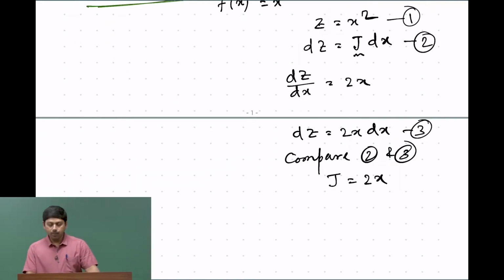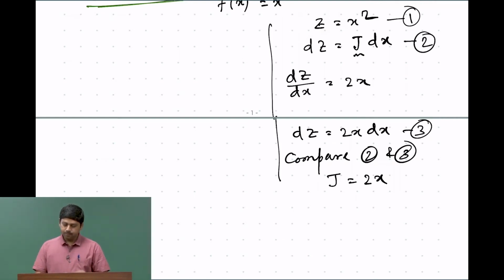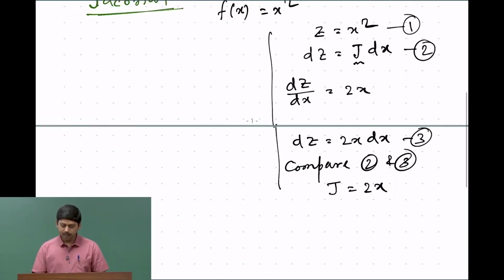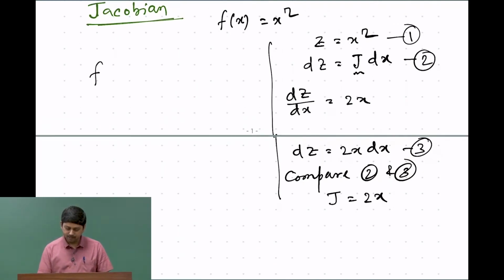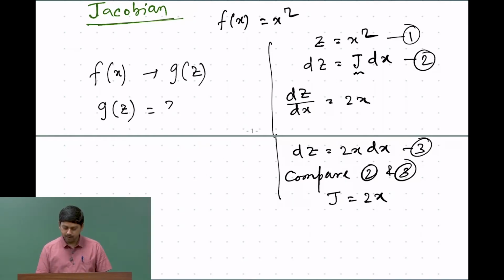So, the Jacobian, as I said, converts one variable to another variable, and therefore, we can convert the function f x to some function g z, where my g z will be just simple z, because I am mapping f x to another variable z, and whenever we want to take a derivative of that, we need to use the Jacobian form.